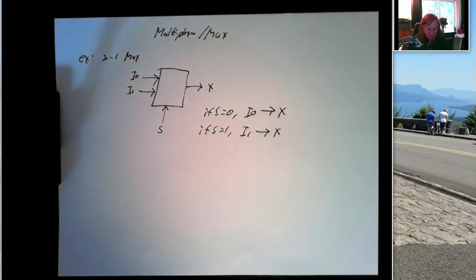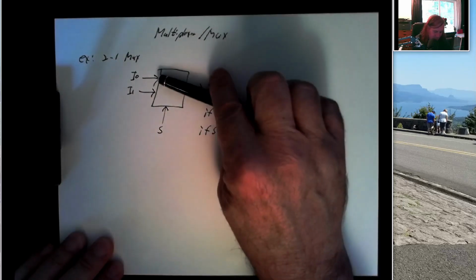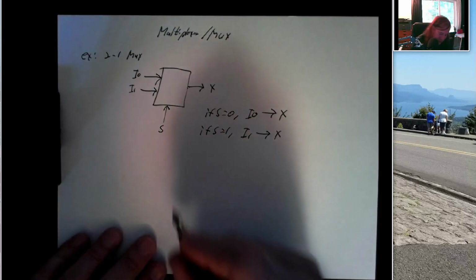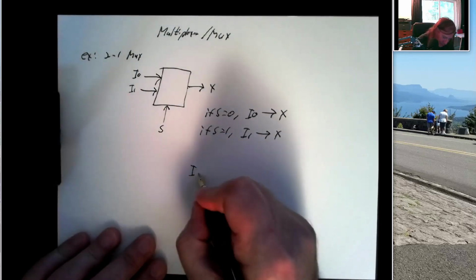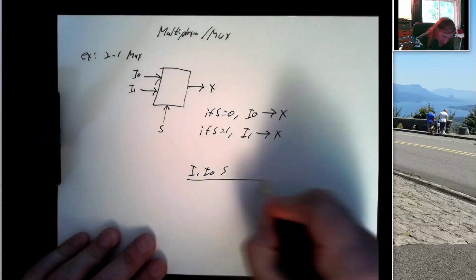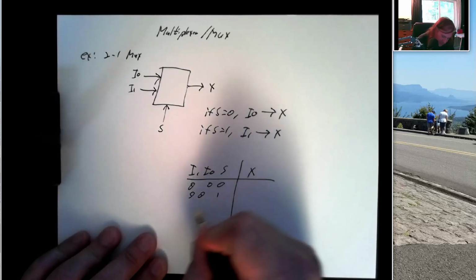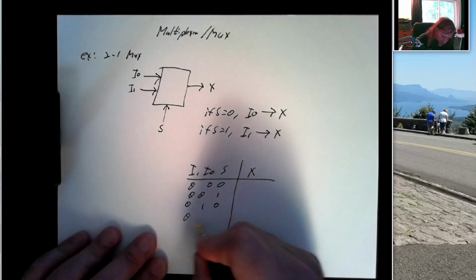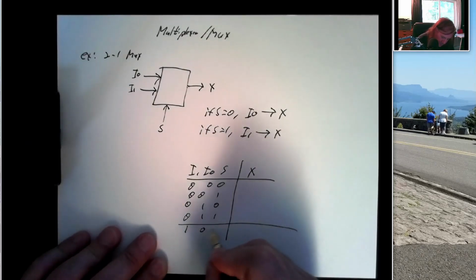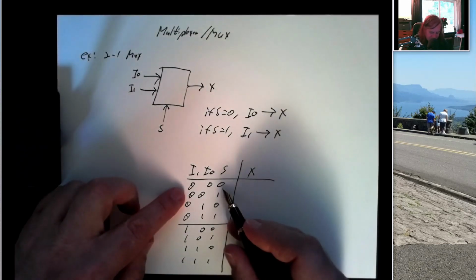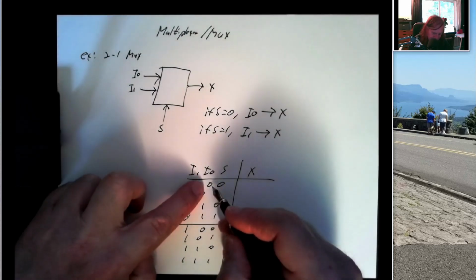Now, how do we create a mux? We don't need to do anything magic. We don't need to actually move a wire from here down to here. We can describe this with a truth table. We can say input 1, input 0, select, and what's our output X. Well, anytime select is 0, our output should match I0.